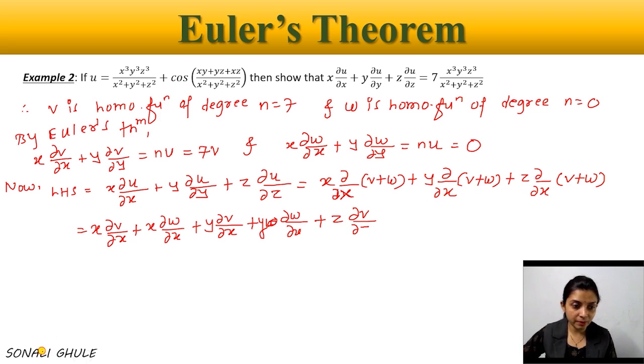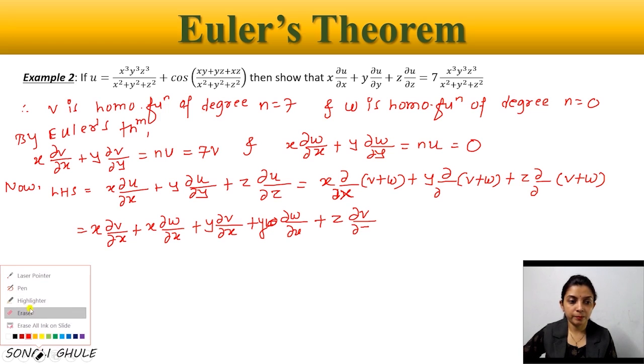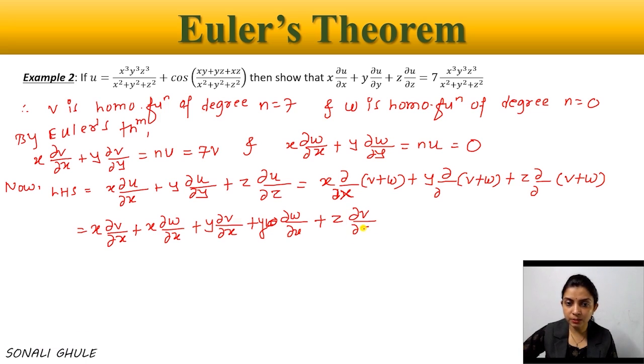Just a minute, by mistake I have written x there, that should actually be y and z here. So it is ∂v/∂z, here it should be y, and this should be z, then plus z ∂w/∂z, right?